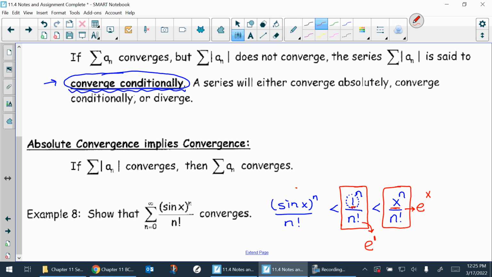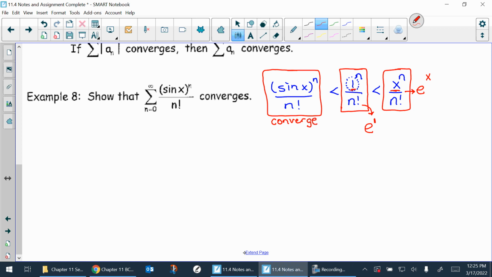And if all of these terms are smaller than that, wouldn't this also have to converge? So this series right here converges. Now, I want to test and see whether it converges conditionally or whether it converges absolutely.